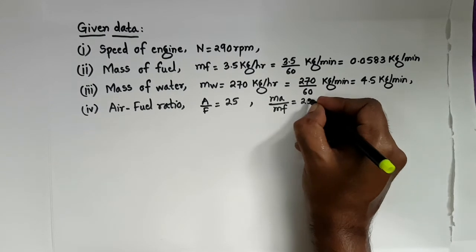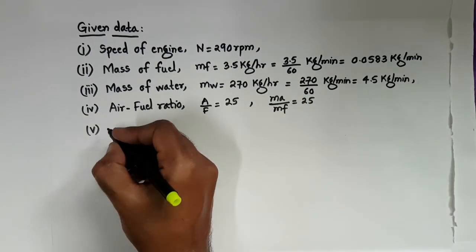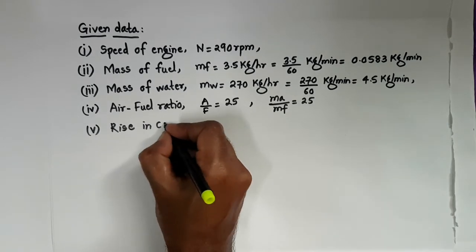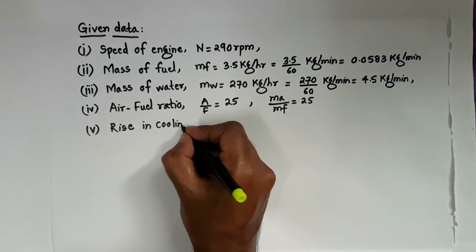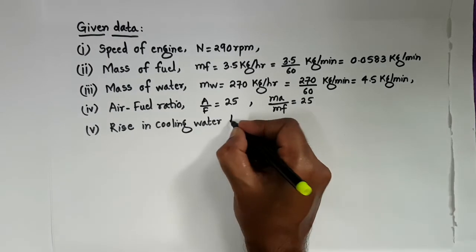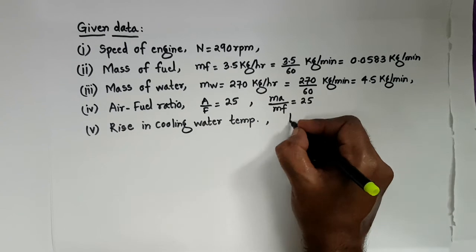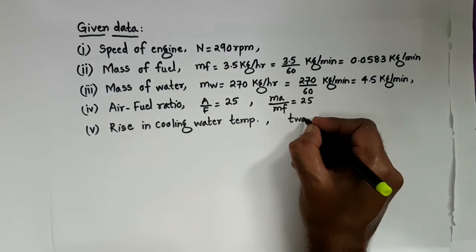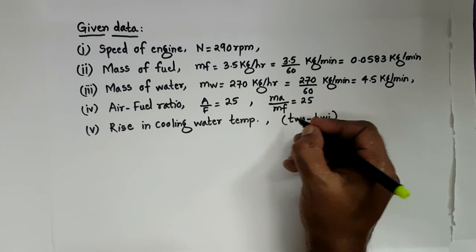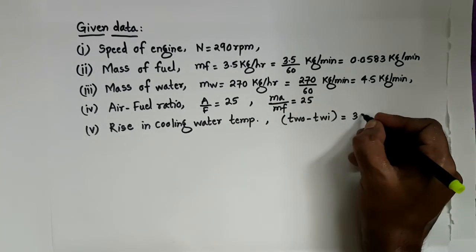Then fifth one, rise in cooling water temperature. This is the difference given, that is outlet temperature of cooling water minus inlet temperature of cooling water. This difference is 36 degree centigrade.